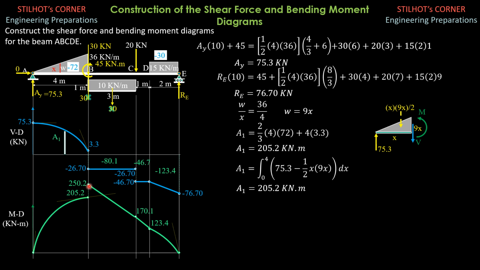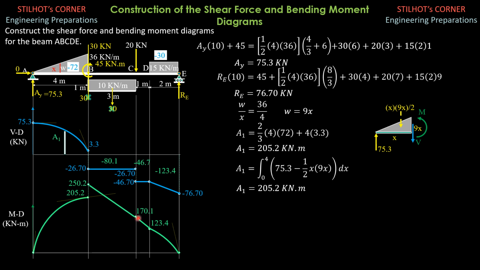Then from 250.2, we have plus negative 80.1. So 250.2 plus negative 80.1 is positive 170.1. Since this is 0 degree, we connect the 2 points with a straight line, which is equal to this line here. So this line here.